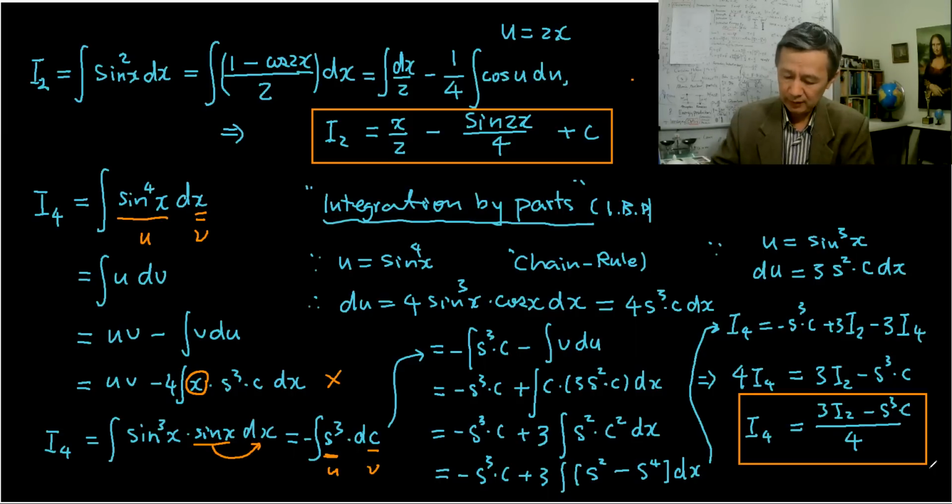So I4 will equal 3I2 minus S3C divided by 4. And what's I2? I2 will equal x half minus sine 2x divided by 4. Okay, got it. Let's go.